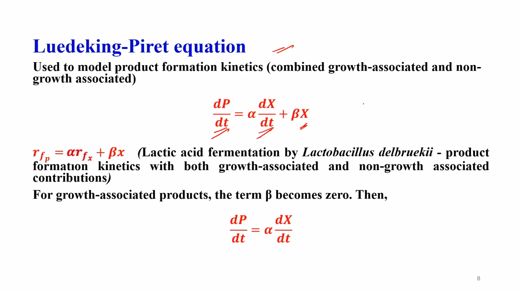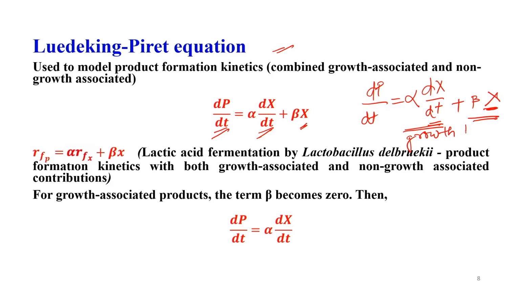So, dP/dt equals alpha dx/dt, where dx/dt is the rate of biomass growth. Alpha represents the growth associated term, plus beta times x, so it is directly proportional to biomass concentration. This term represents the non-growth associated part.